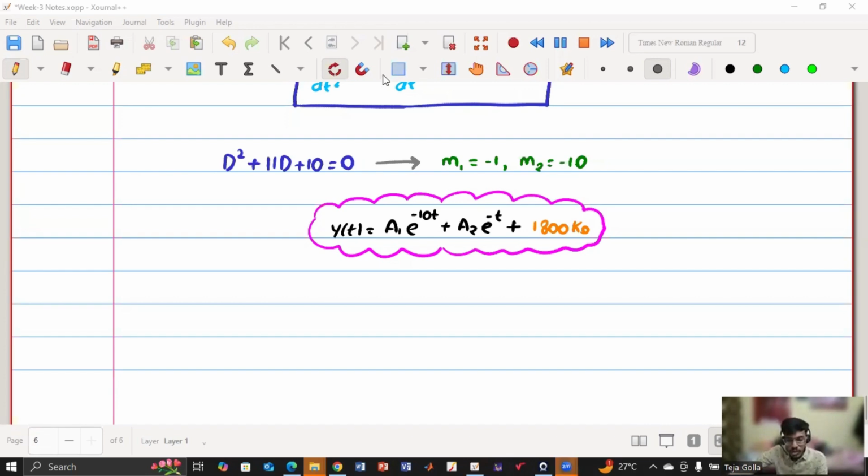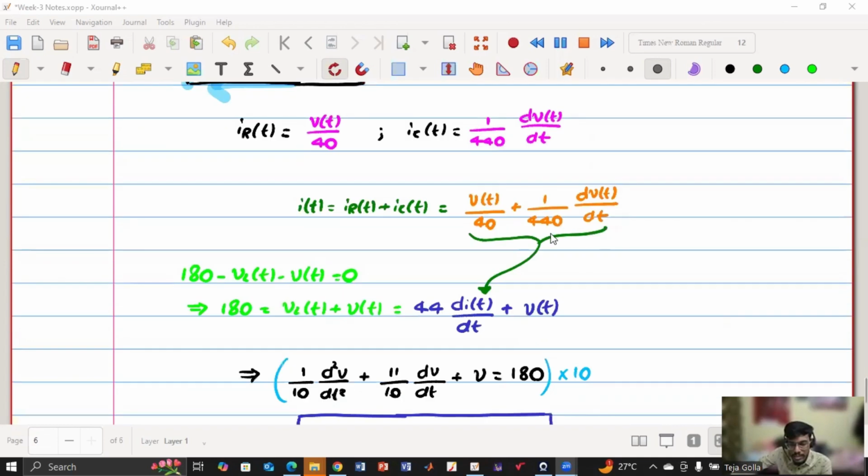Okay. How did you get di of t? So this is I of t, right? So I of t is v of t by 40 plus 1 by 440 dv of t by dt. Now I have to differentiate with respect to time. So this term will become 1 by 40 into dv of t by dt, and then this will become d square v of t by dt square.